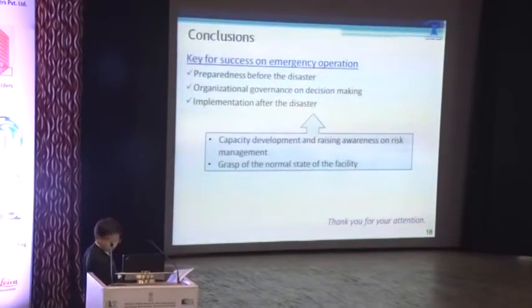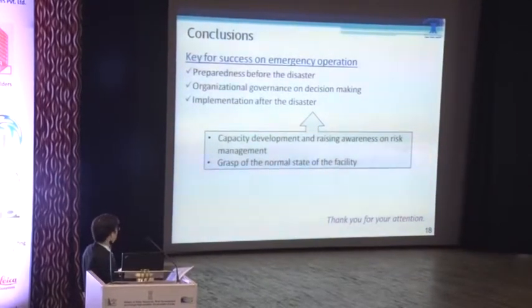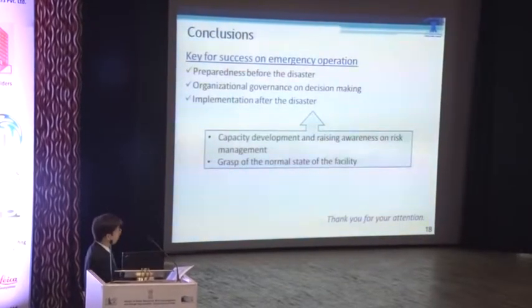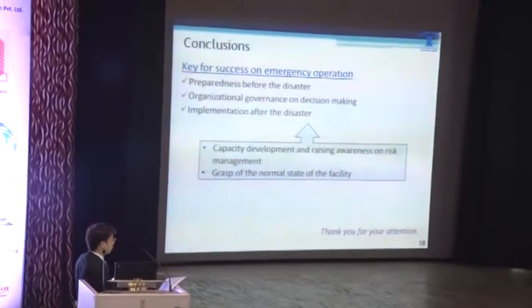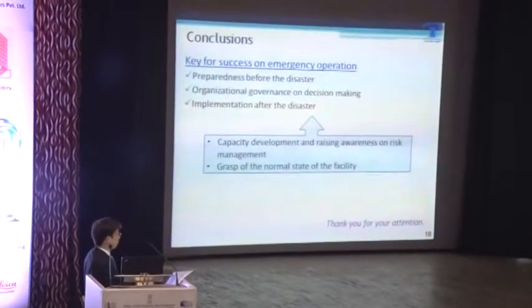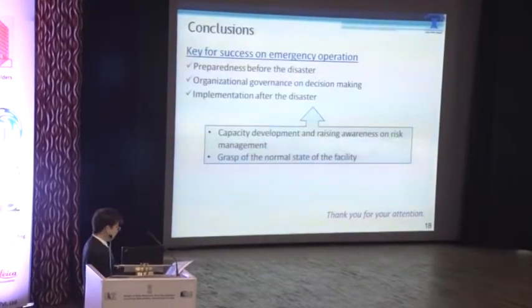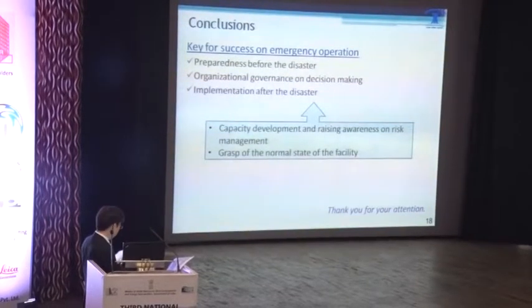It's a key to the estimation of dam safety. And organizational governance is very important. In Japan, the Ministry of Land, Infrastructure, Transport and Tourism is the authority for water-related facilities. So such simple and strong governance is important for emergency operation.